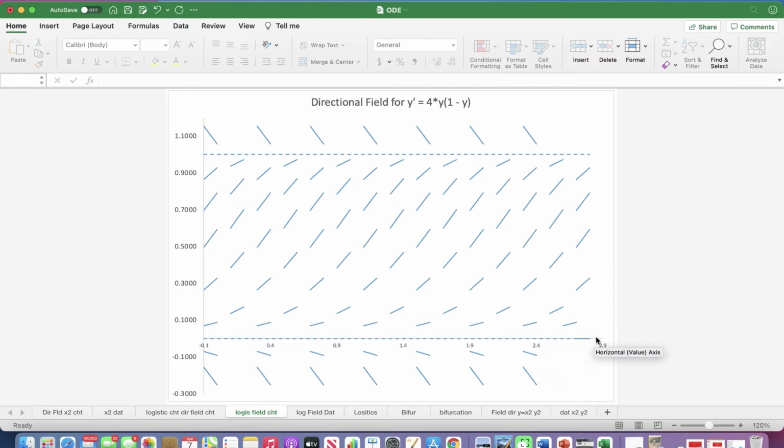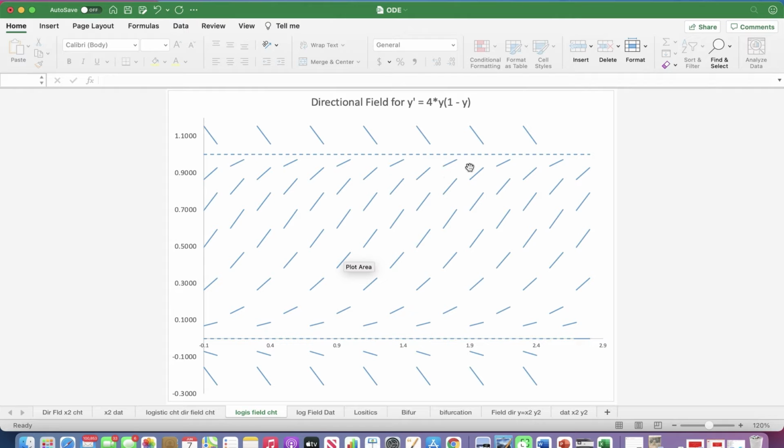This is y equals 0. You can see that at y equals 0.5, the slope, no matter where you are on the x-axis, is always going to be the maximum at this point, no matter where you are on the x-axis. And then as you increase further along the y-axis, the slopes decrease and flatten out to y equals 1, where the slope is 0. And it gives you this S shape.